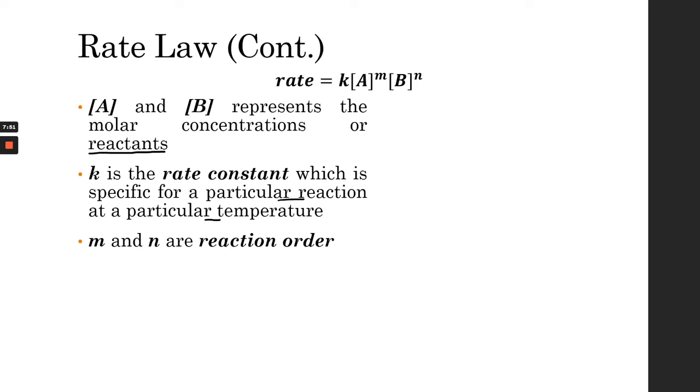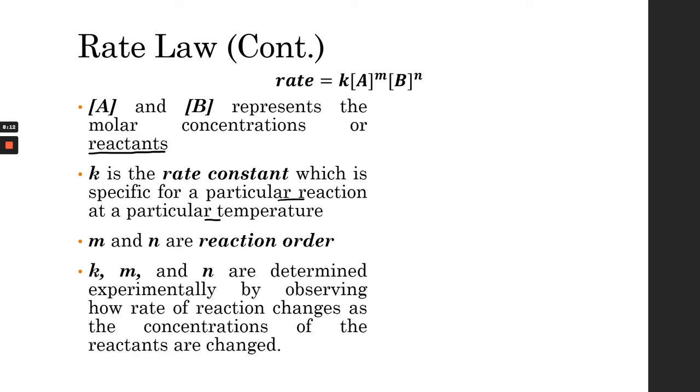M and N are what we call the reaction order. So reaction order is basically how much you raise the value of your molar concentration, and then by multiplying it by a certain constant K, you'll be able to find the rate. We're just going to leave that for now.